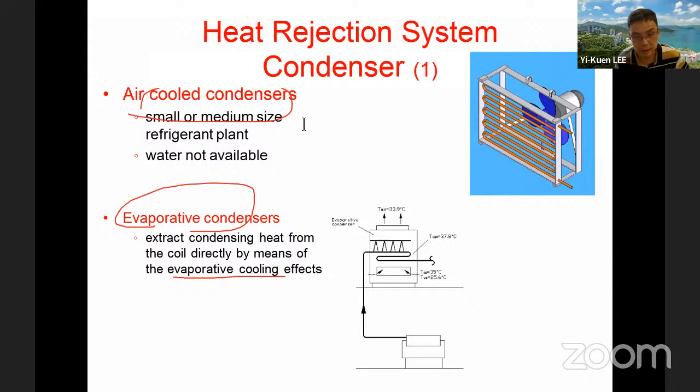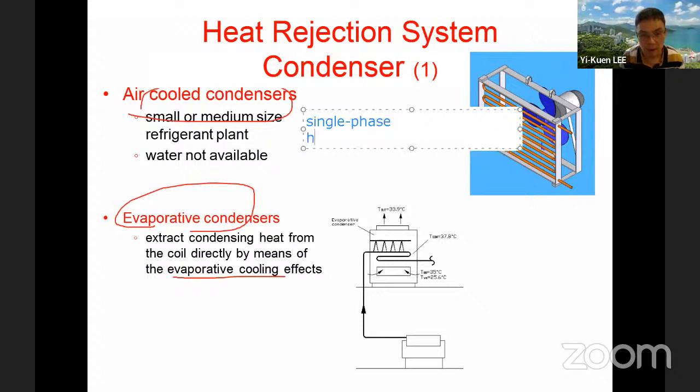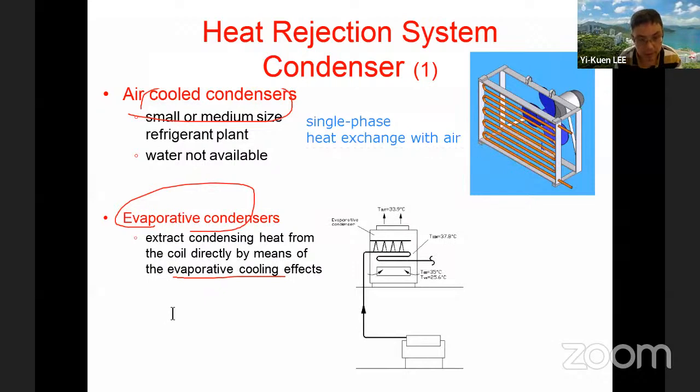So this I will try to show here. Basically, this one is a single phase heat exchange, right? And with air, so if you look at the previous lecture when I mentioned h, the heat convection coefficient will not be the same, but here for this one we have two phases.